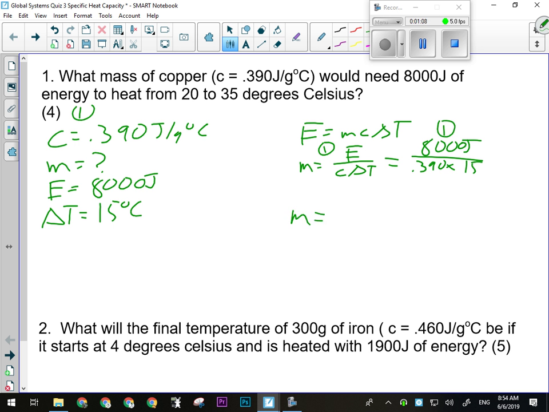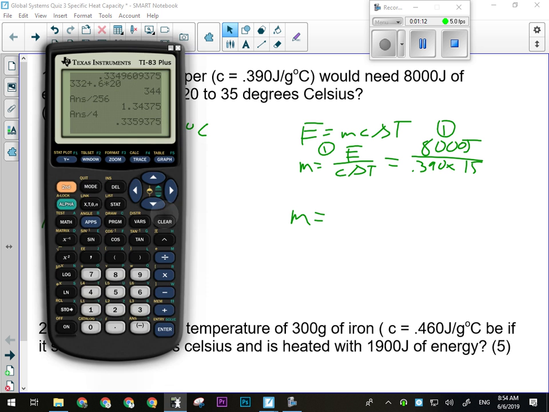Okay, so our mass. All right, so we've got 8,000 joules divided by 0.390 times 15.